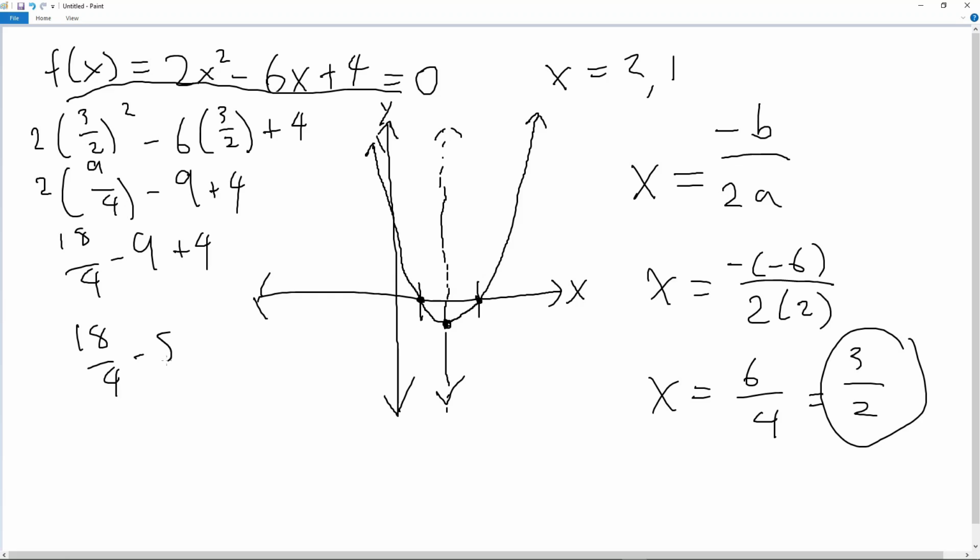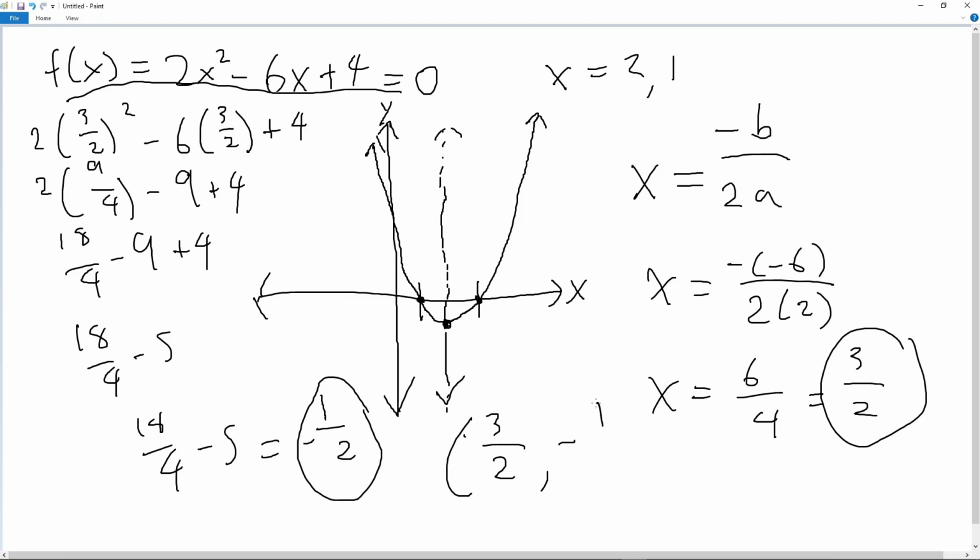Negative 9 plus 4 is negative 5. And then 18 over 4 minus 5 equals negative 1/2. This is the y value. So that means that this vertex has coordinates 3 over 2, negative 1/2.